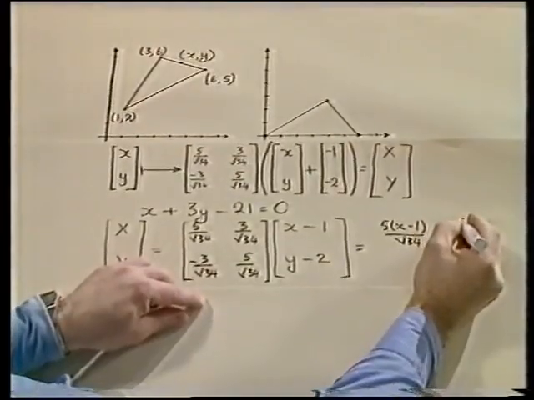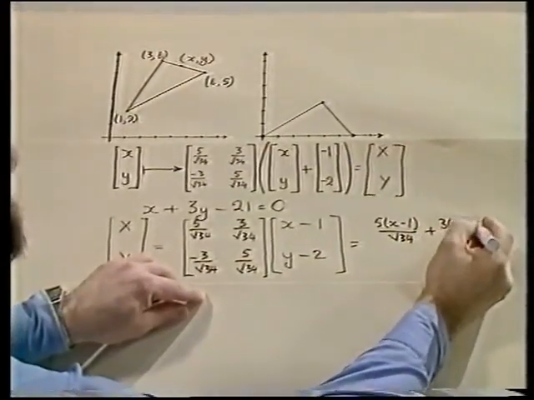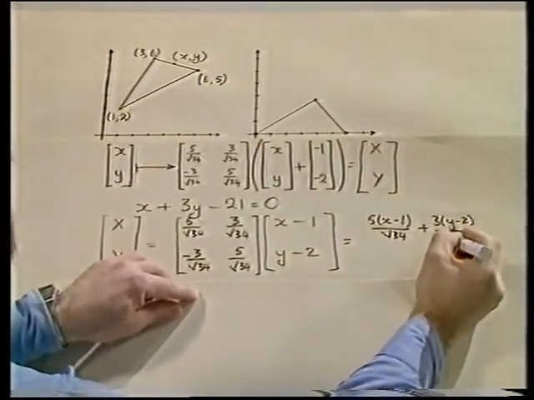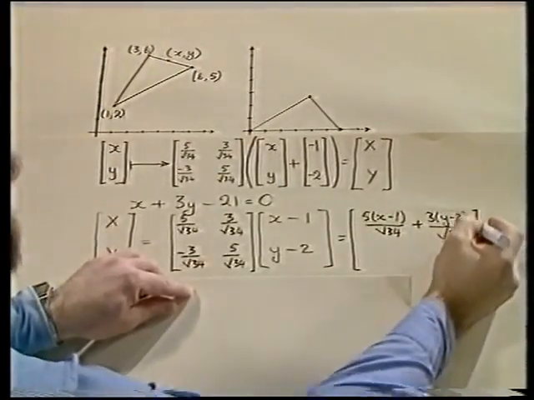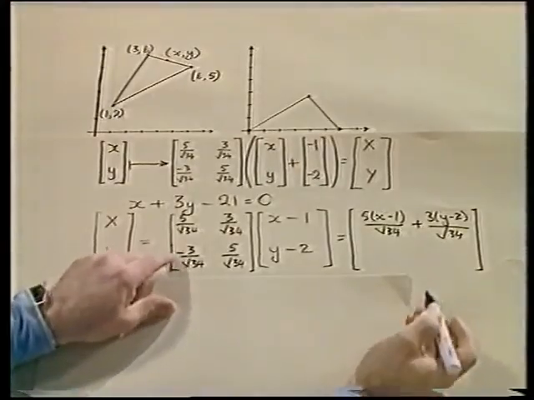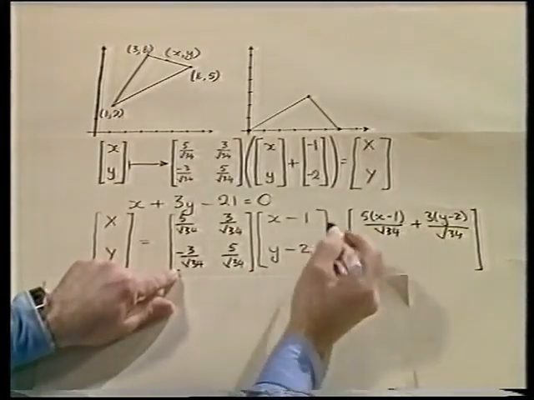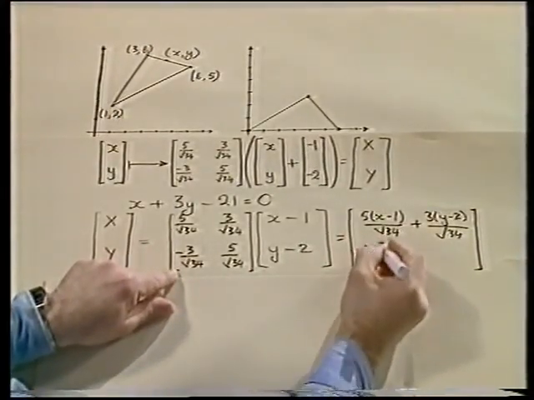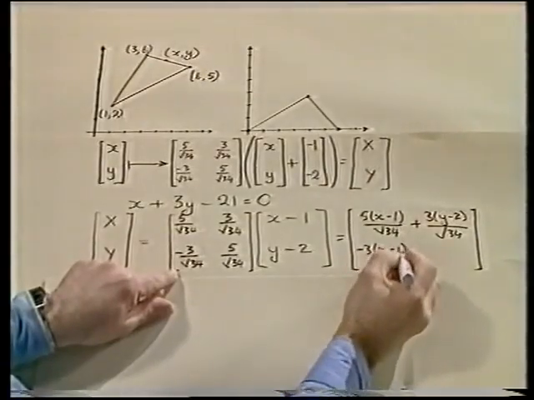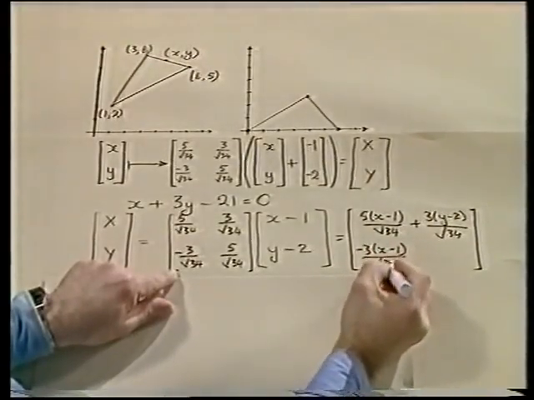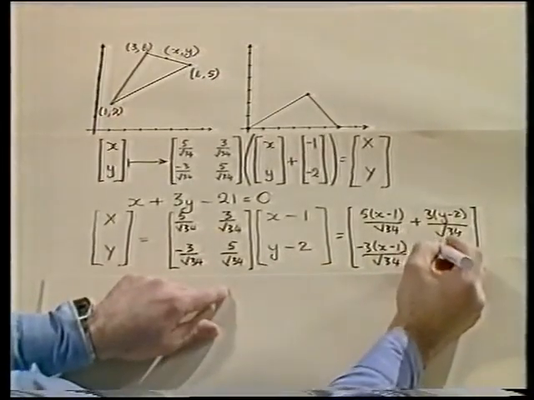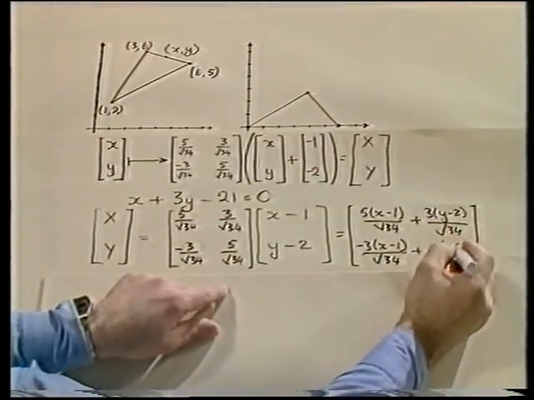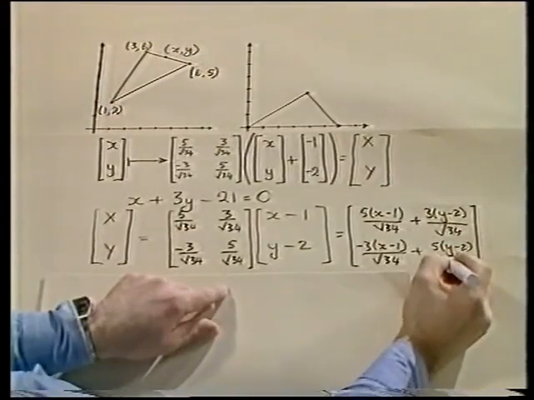That's 3 times y minus 2 all over root 34. And on the bottom, I get this times this. That's minus 3 times x minus 1 over root 34, plus this times this. That's 5 times y minus 2 all over root 34.